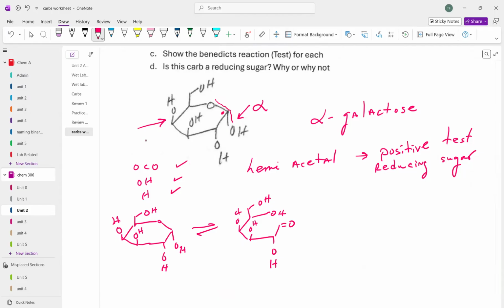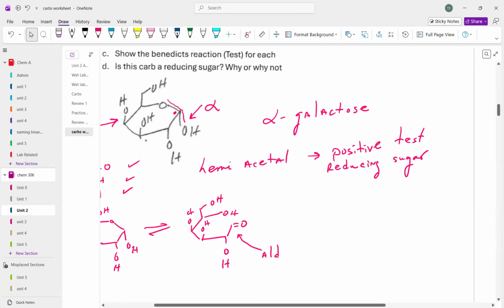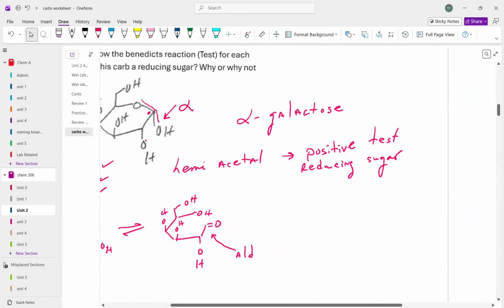It opens up and exposes an aldehyde. Now, that aldehyde is susceptible to oxidation, and that's what will give a positive Benedict's test.